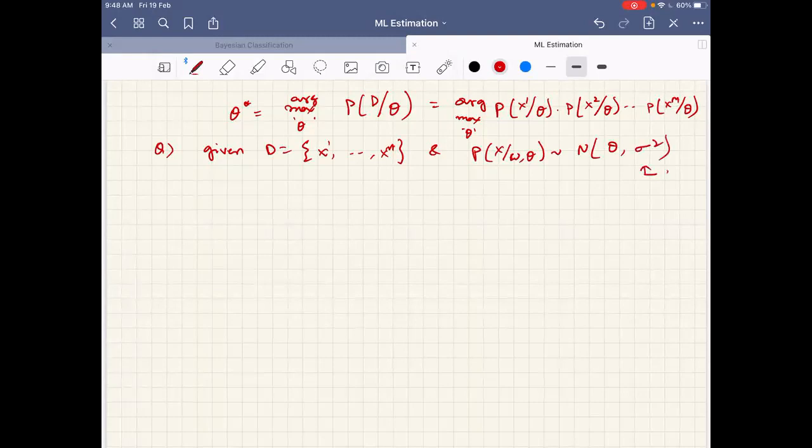This is given, that's why I have not put it in theta. Theta can be a vector. The parameter theta can be a scalar or a vector. If I want to find only mu, then it is a scalar. If I want to find mu and sigma square, it is a vector. So theta in essence is equal to mu only. It's essentially find mu by maximum likelihood estimation.